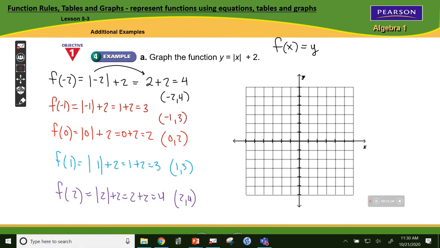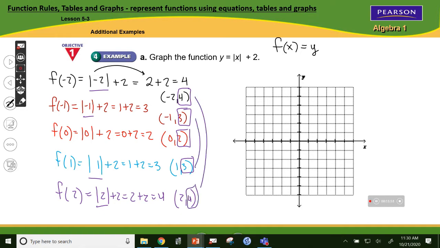Then you're going to notice when you get to the positive sides, the absolute values of these positive numbers down here are going to be the same as the absolute values of these negative numbers up here. So what you're going to notice is a pattern, hopefully. 4, 3, 2. It went down by 1, now it's going back up. 3, 4, and you see some symmetry here and here. You're always going to see that kind of symmetry when you're graphing an absolute value function.